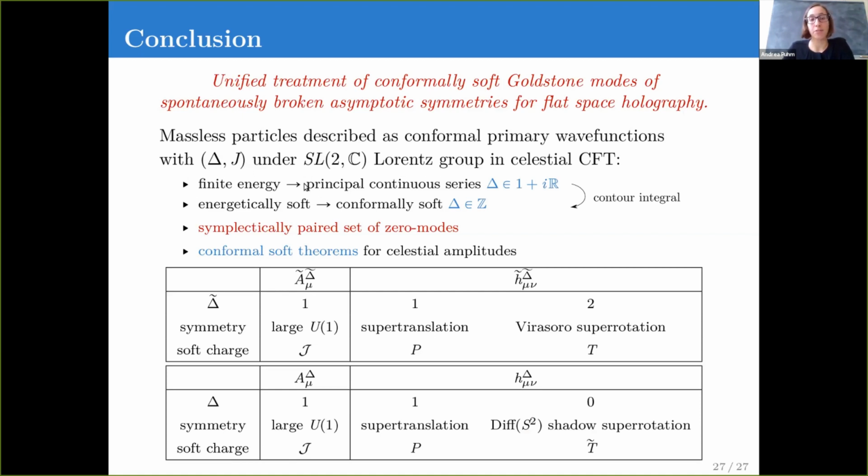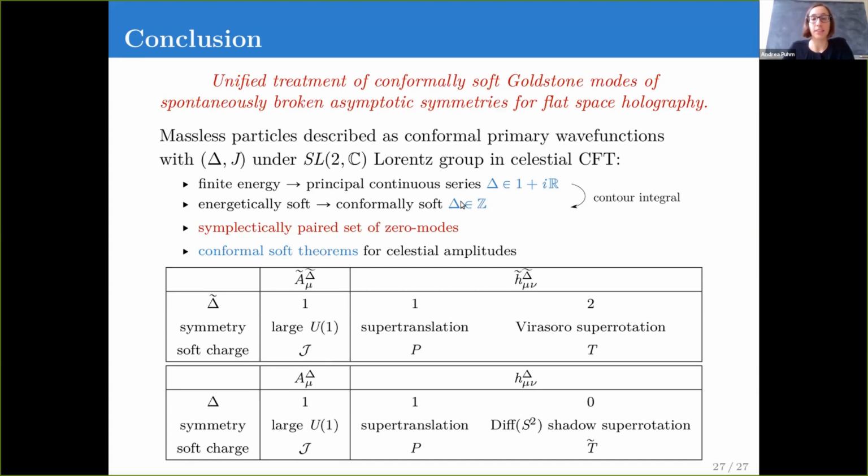Finite energy wave functions are mapped to wave functions with conformal dimension on the principal continuous series. The energetically soft limit gets replaced by the conformally soft limit, where the conformal dimension takes certain integer values.